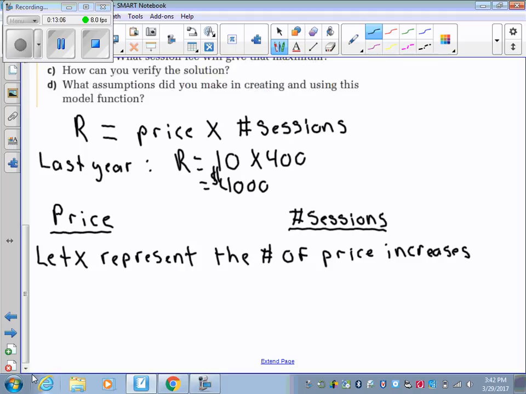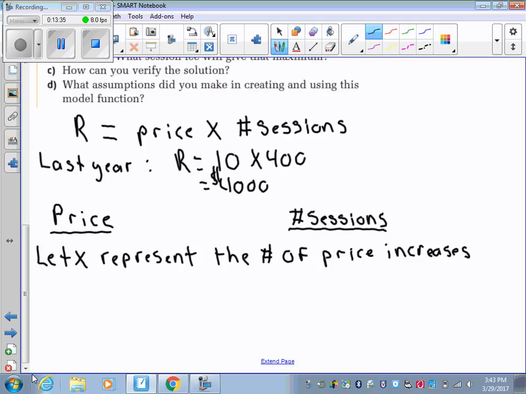Okay? So we can do that common sense approach and keep going until we figure out how many price increases it would take before I maximize the revenue. So with a price of 11, I would have 4,180, so that's good. With a price of 12, I'm going to have 20 fewer sessions, but 4,320.